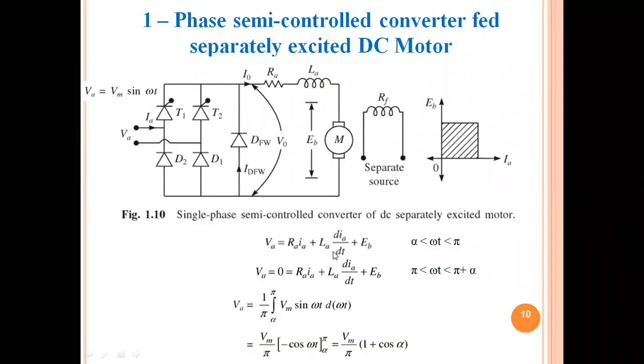So this term LA into dIA by dt will be 0, which means this equation becomes VA equal to IARA plus EB only.